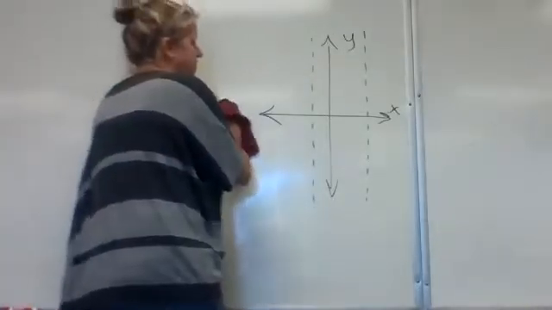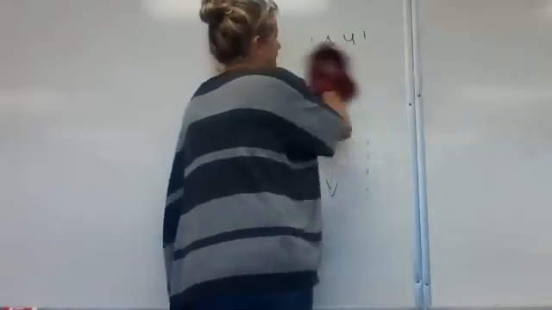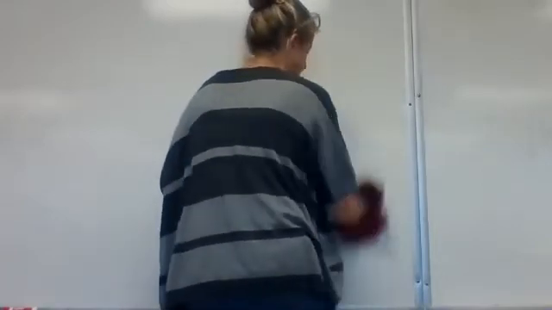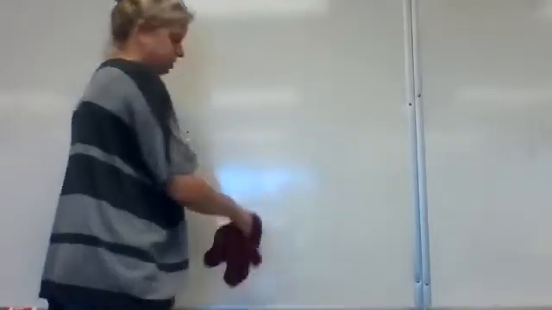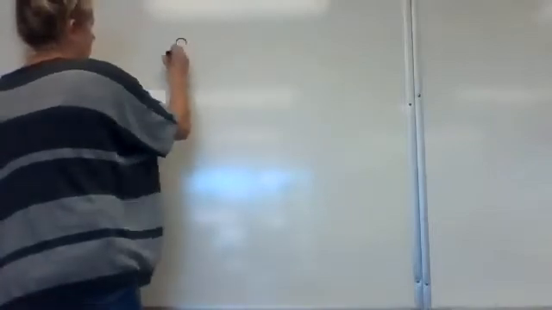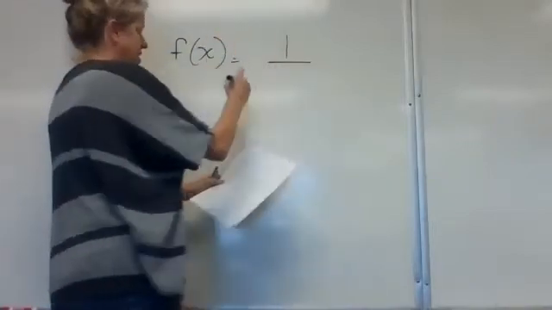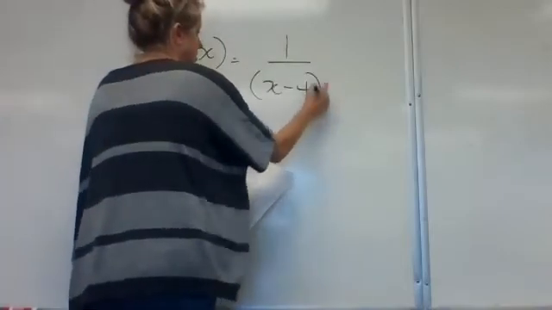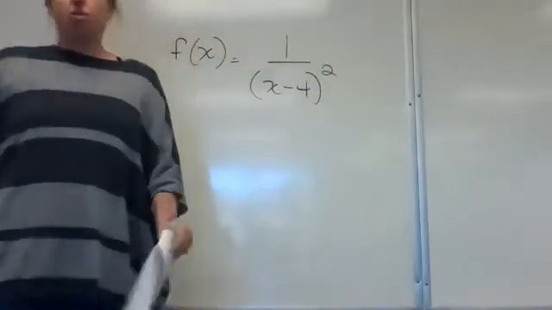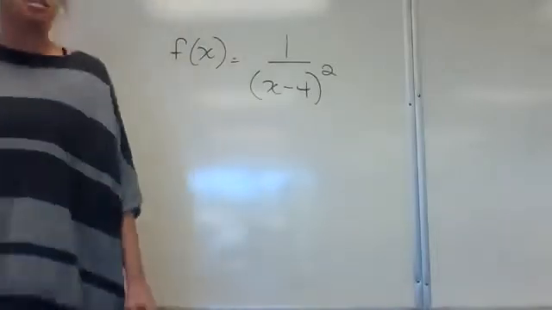So let's look at number 5 and find the vertical asymptotes of this function. F of x equals 1 over (x minus 4) squared. So I'm going to find the vertical asymptote.